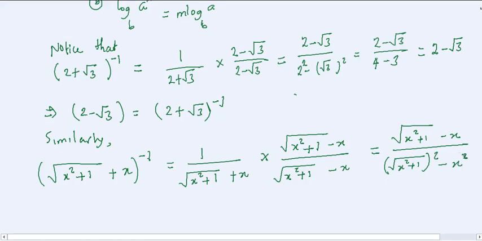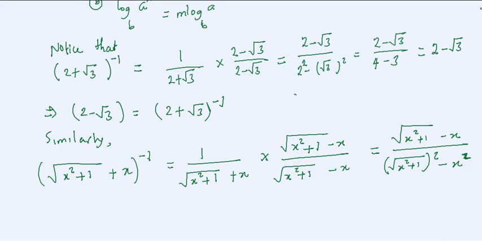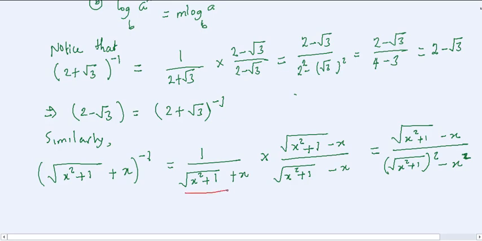So if you don't get what I'm doing here, just try to expand the denominator, try to expand these two things. If you expand it, this is the answer you are going to obtain.